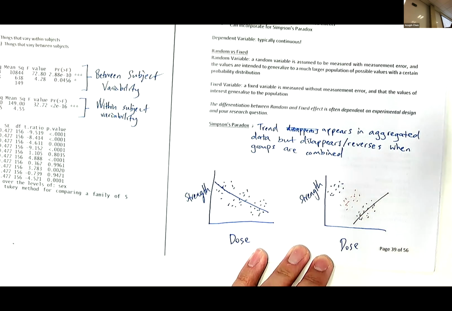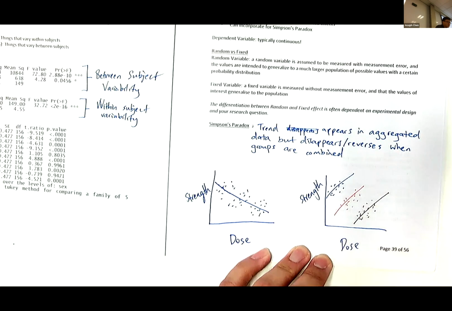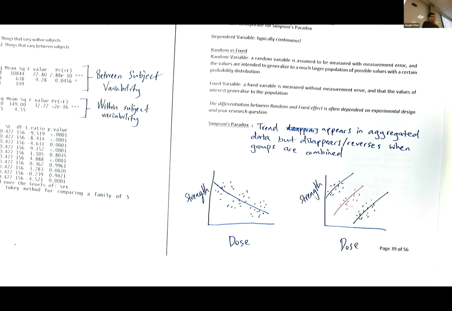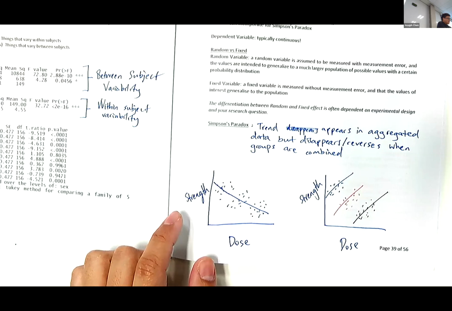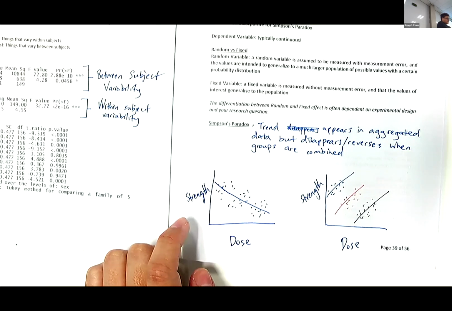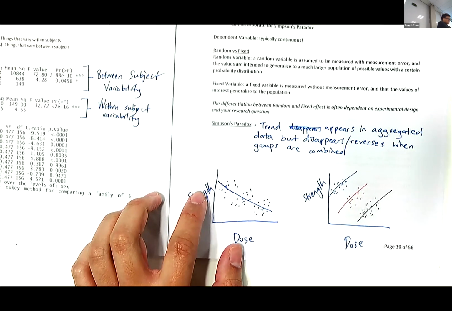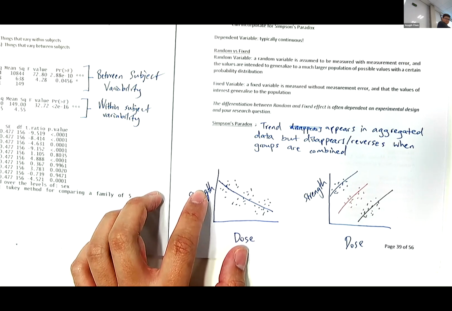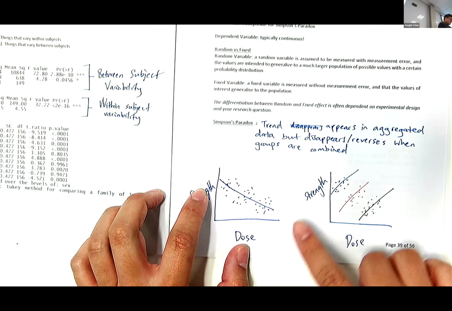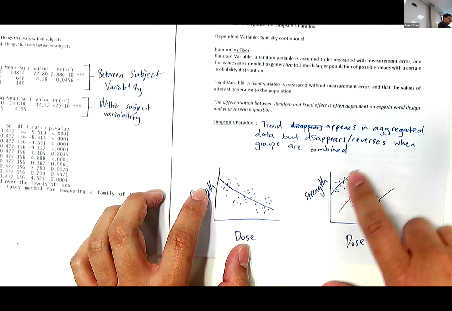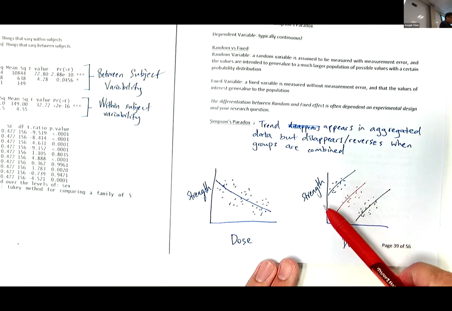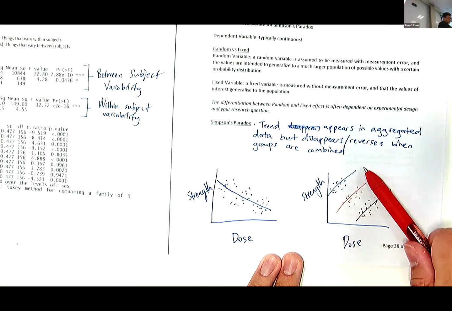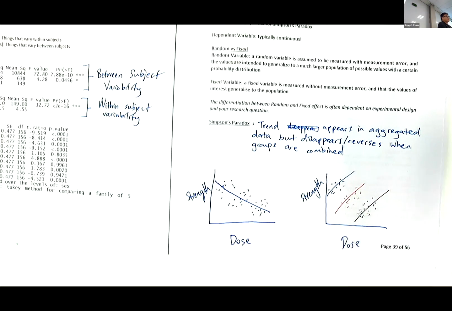So the trend is now slightly different, and this is what Simpson's paradox is trying to get at: even though you have an overall negative trend when you aggregate data, when you put them into their groups, they might have an opposite effect, or the effect just disappears. It doesn't need to reverse. But the idea is that we see a positive trend when you put them into their own groups.